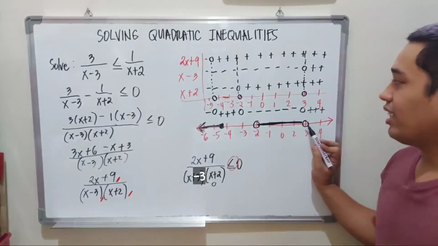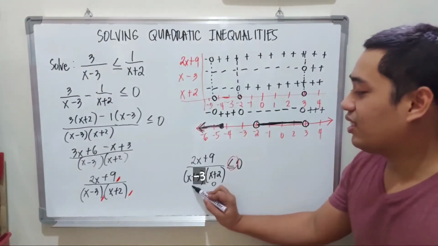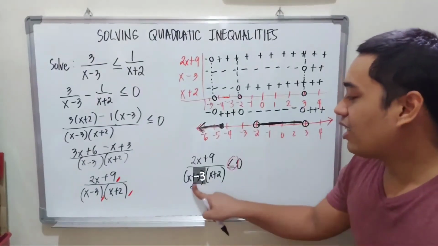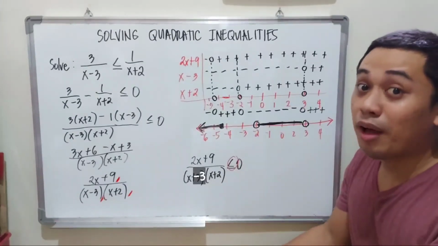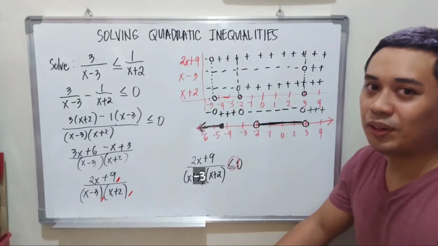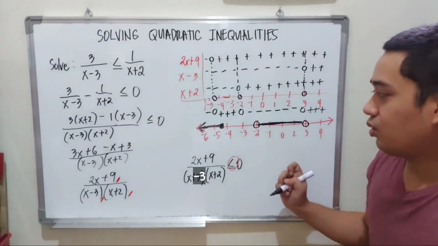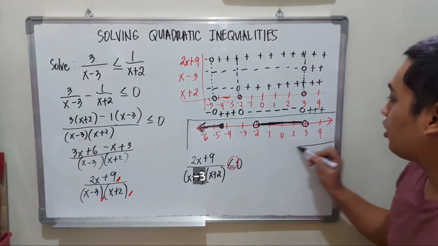Hindi rin natin pwedeng isama sa solution ang positive 3 kasi magiging 0 naman yung kabilang factor sa denominator. Para hindi mangyari yon, we do not include to our solution yung dalawang factor sa denominator. Kaya remain sila na hollow dot because hindi sila part ng solution. This should be the number line to represent the solution.